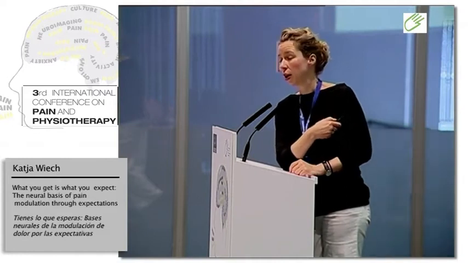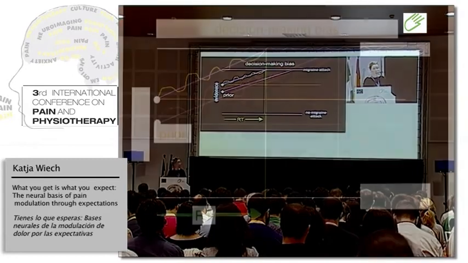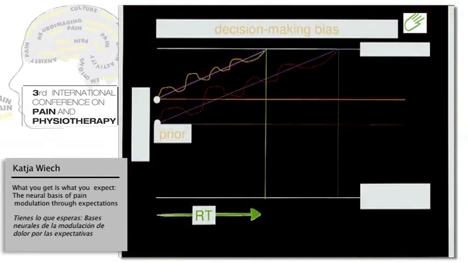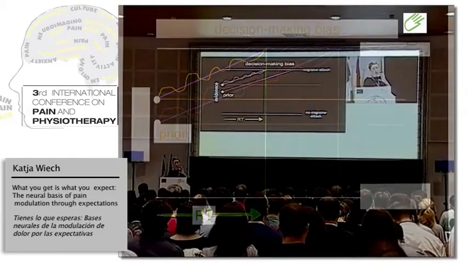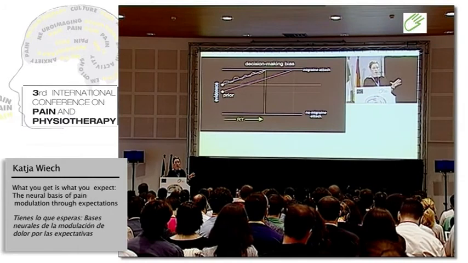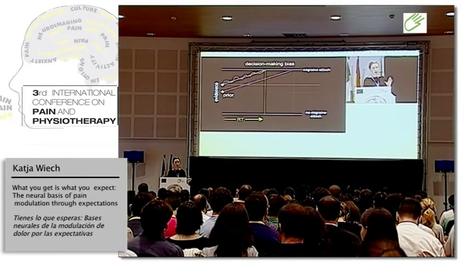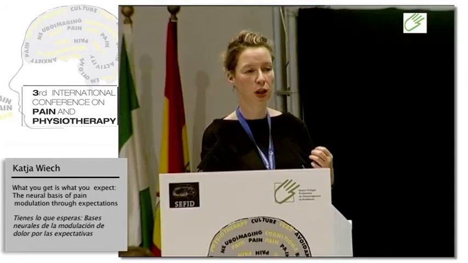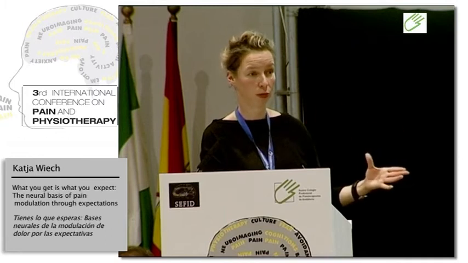And then with the same slope, you would need less evidence to reach that boundary. That's a completely different type of bias. It doesn't have anything to do with sensory processing. It's just the way you categorize and process information afterwards.